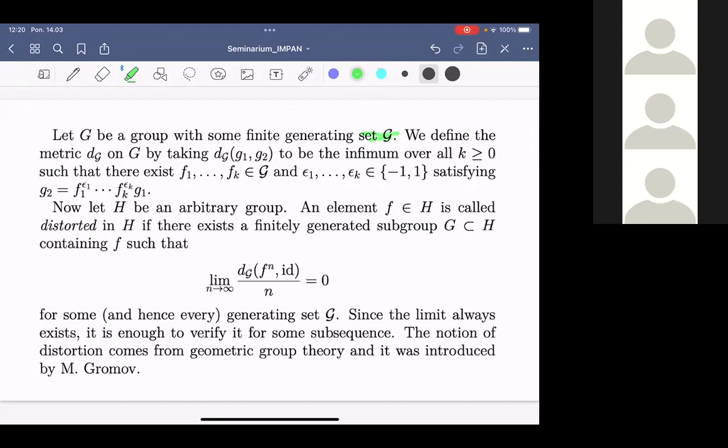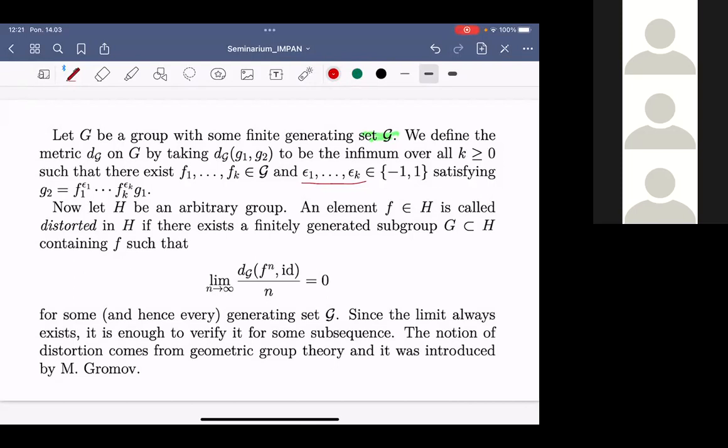The distance between two elements of this group is equal to the infimum over all positive integers k such that we may find finitely many elements, say f_1 up to f_k, from this generating set G, and some constants epsilon_1 up to epsilon_k, which are either minus or plus 1, such that g_2 is equal to f_1^epsilon_1 up to f_k^epsilon_k times g_1.